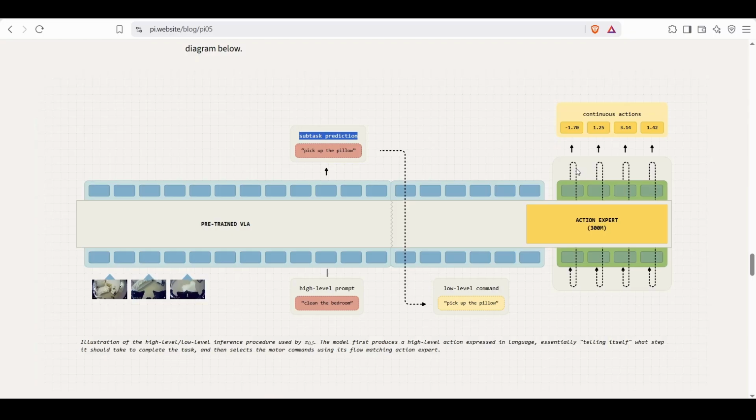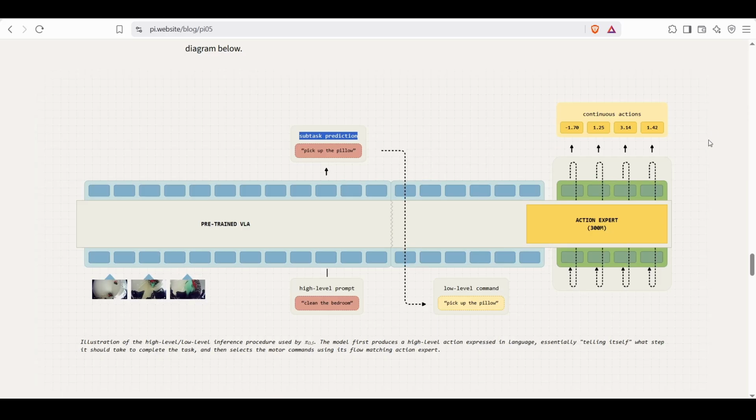And that is because when they do this in later models, they have a discrete form of their actions, and this discrete form of their actions is put into the VLA as a target as well.